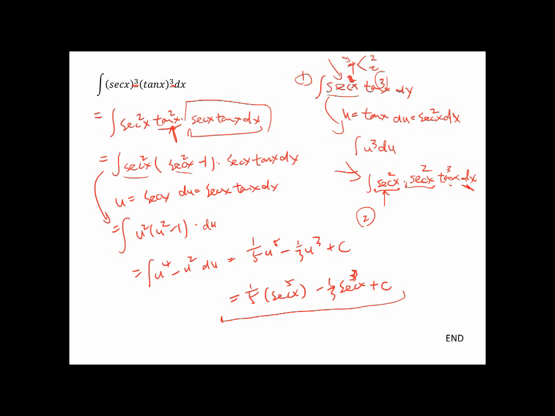It's just the derivative of the secant, so you want everything expressed in secant. Rewrite your tangent part and then use substitution with u equals secant. I wish you could find the difference between these two problem types. Here u equals tangent and here u equals secant. How it comes about is what your du is going to be.